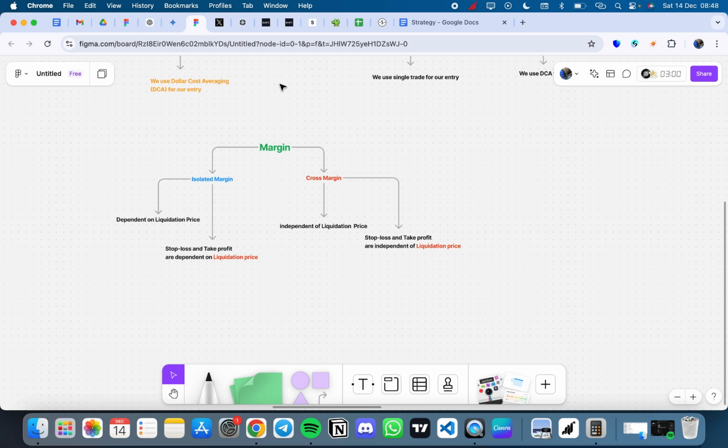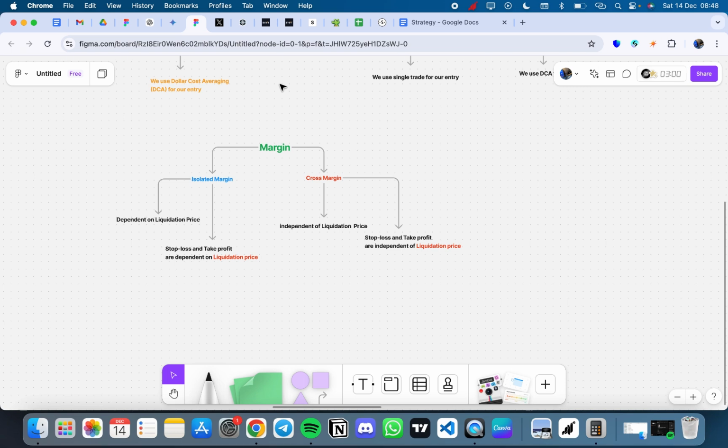On cross margin, it is independent of liquidation price. So there is a liquidation price very much the same as you would have on a 100x leverage, which is negative 1% from entry, and for a 10x leverage, which is just negative 10% from entry, right? That is also applicable on cross margin.